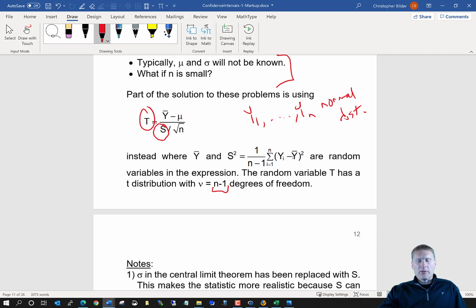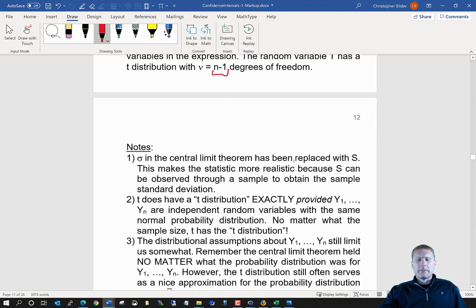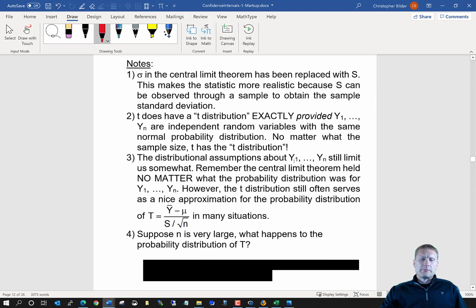Okay, so that's an interesting result. This is basically what Gossett did. He proved that. So I replace sigma with a random variable s, my sample standard deviation that we saw a long time ago. This makes this more realistic because I can come up with an observed value of s from taking a sample.